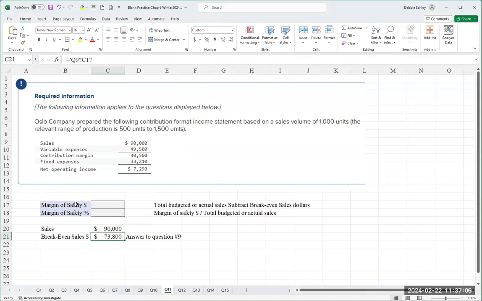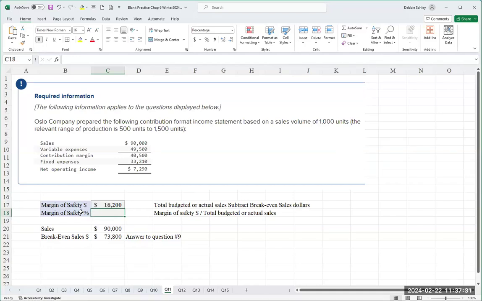So to get the margin of safety in dollars, they just want to know what is the cushion between break even and what I made in sales. So it's going to be the actual sales or the budgeted sales. So that 90,000 minus the break even in sales dollars. So there's my margin of safety in dollars.